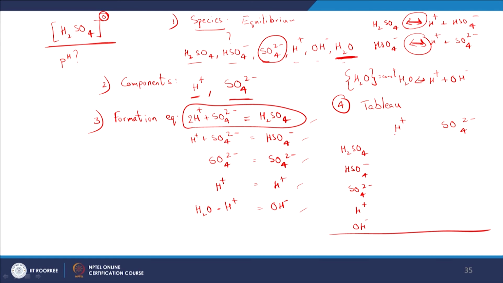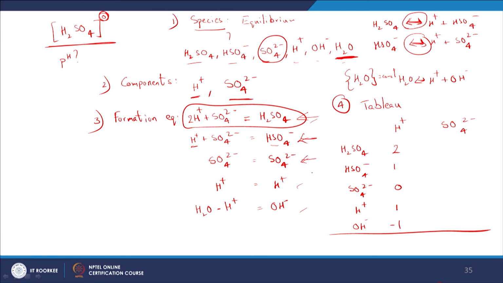So now I want to look at H plus, and how many H plus do we have in H2SO4, and that is in this equation. We need two components of H plus, and how many do we need to form HSO4 minus? We need 1, and we need no H plus to form SO4 2 minus, 1 to form H plus, and none to form, or not 1, pardon me, it is going to be minus 1 for OH minus.